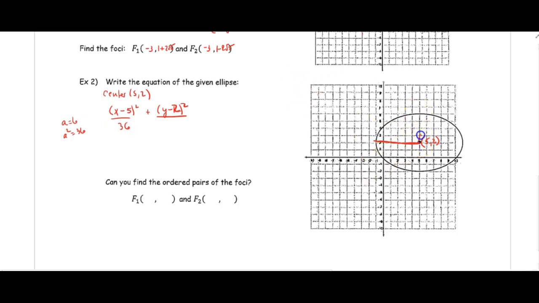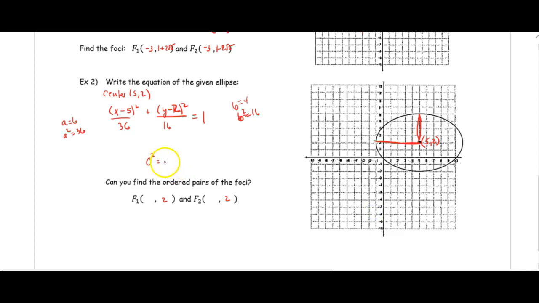Then my co-vertex, right, the distance from the center to the co-vertex is 1, 2, 3, 4. So b is equal to 4. So b squared is equal to 16. And we know it's all equal to 1. Now, to find the foci for this, right, in this case, your y value is going to be the same for each foci. So this is going to stay 2. That's going to stay 2. But the x coordinate, we have to find c.